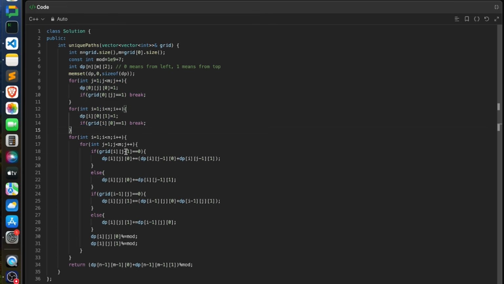So just break here. This is the corner case for the first row and first column. Now for any general i and j, this is exactly the same as the explanation part. To calculate dp of i, j, 0, which means the number of ways to reach i comma j from the left direction, just check if your left cell is either empty or there is a mirror. If it's empty, I don't care how you reach there.